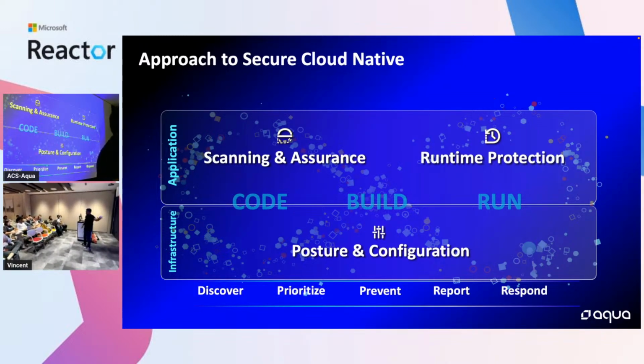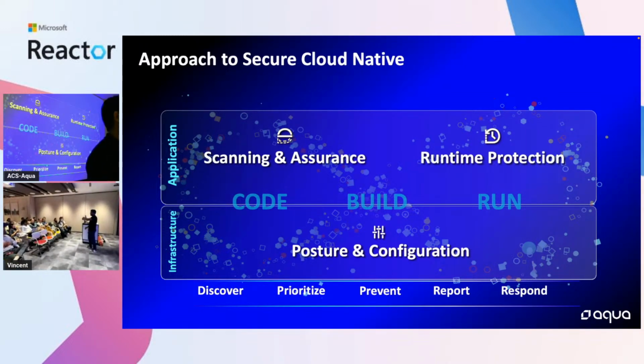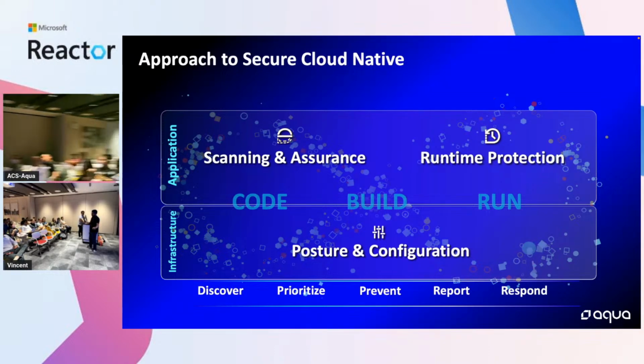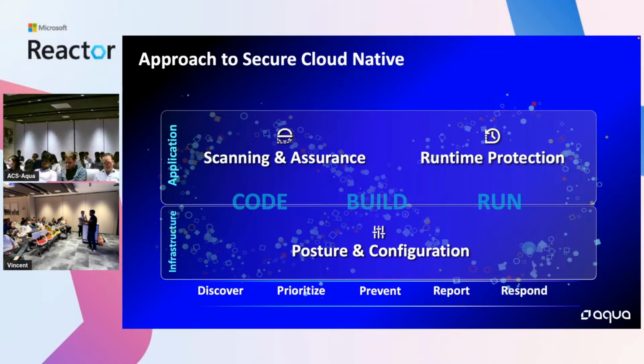Okay? Assurance means adding security gates. So security gates mean that I do not want to allow a developer to merge malicious code or vulnerable code into my main branch. It will result in my artifact becoming vulnerable. Okay. And then similarly, I'll talk about other security gates as well.